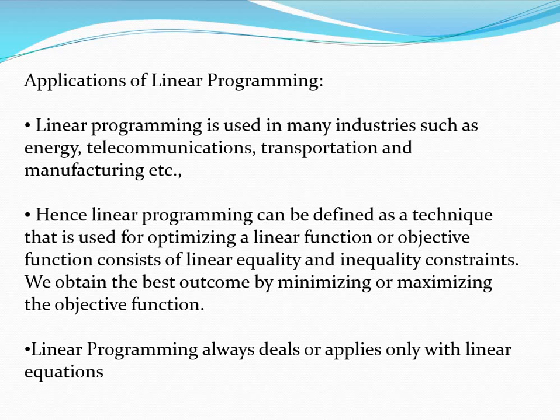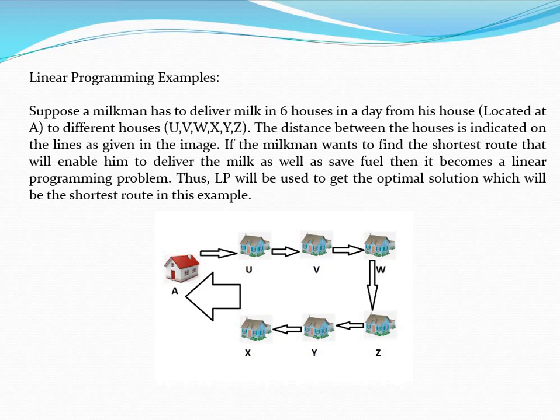So let us see with an example how linear programming works out. So here is an example. Suppose a milkman wants to deliver milk to 6 houses in a day, and the house of the milkman is located at location A, and the 6 houses, let them be U, V, W, X, Y, Z, are as shown in the figure.